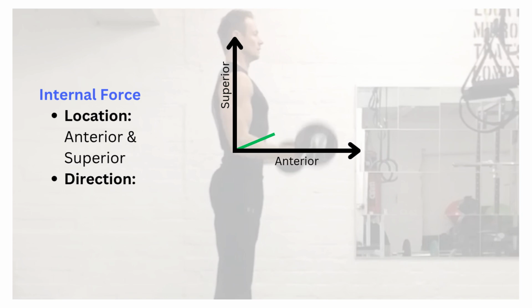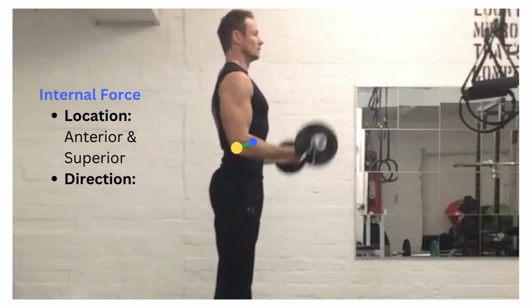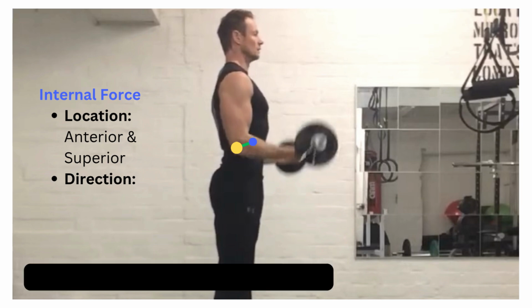So we're not moving straight to the right, and we're also not moving straight up. We're moving at a diagonal. Whenever we have to move diagonally, we have to use two different words to describe its location. So that's why we say that our internal force is located anterior and superior relative to the axis of rotation.